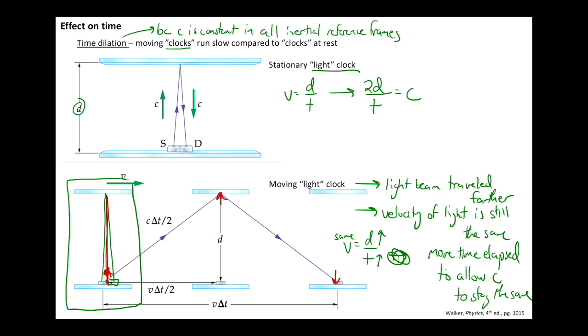So the only way it can do that is essentially by traveling along those diagonal paths from your perspective. The distance you would be using from your measurement would be that plus that. And that is greater than just 2D.